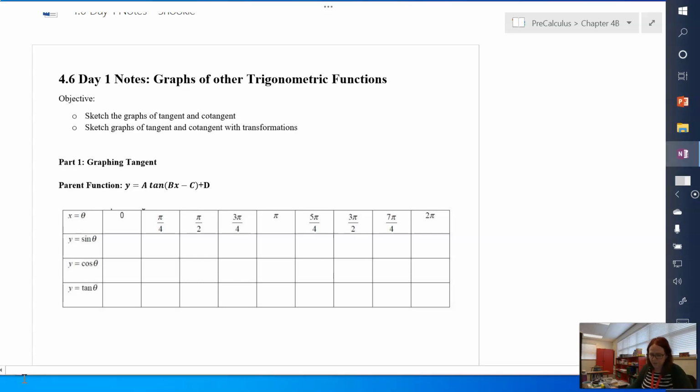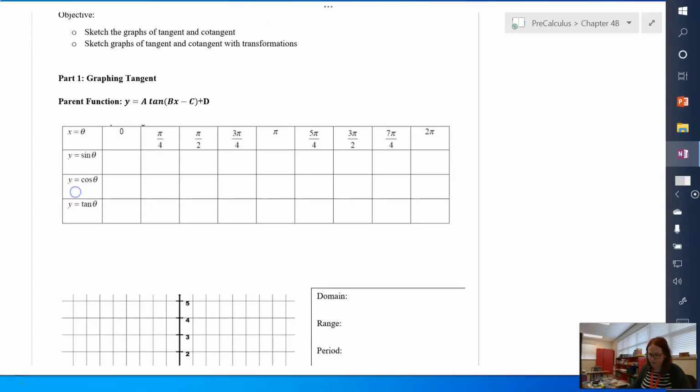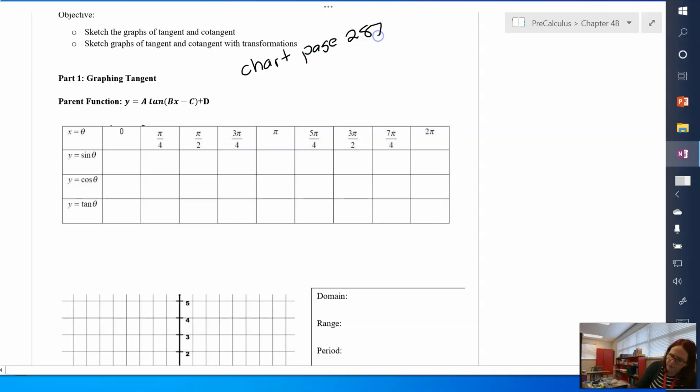transformations. So the first thing we're going to do is get ourselves a bunch of points that we can use for graphing the tangent. And these points you can get from the chart on page 287. You can also get them from the unit circle.